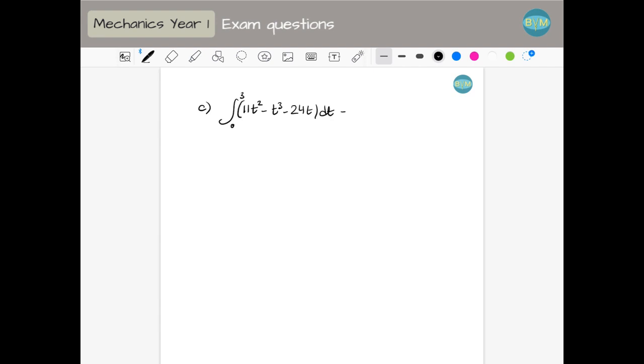dt, and this is 11 thirds t cubed minus t to the power of 4 divided by 4, minus 12t squared, and I'm going to substitute between 0 and 3. When I do that, I get a negative value. That's what I expect because it's below the x-axis.